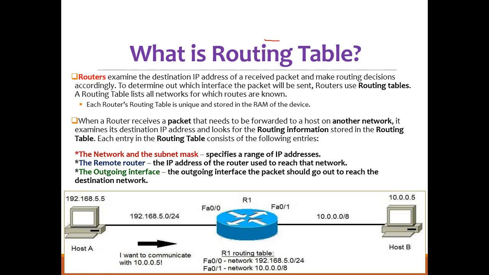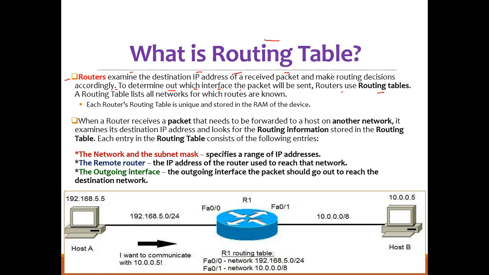Everything is connected. So the router examines the destination IP address of the received packet and makes the routing decision accordingly to determine out from which interface it will forward or send the packet.